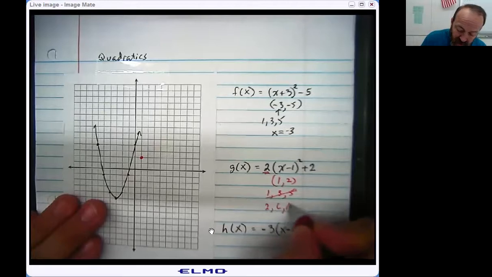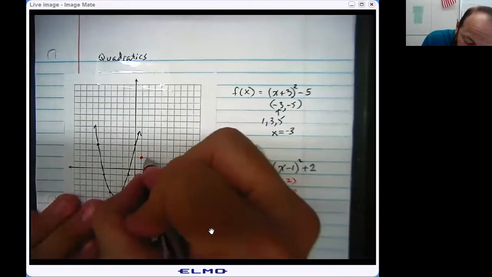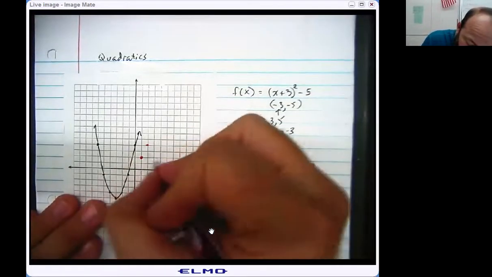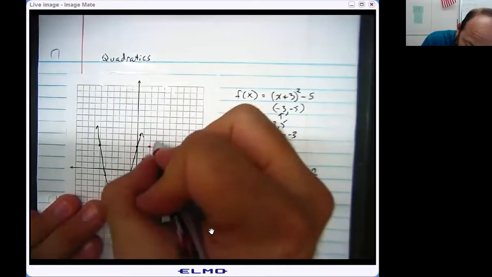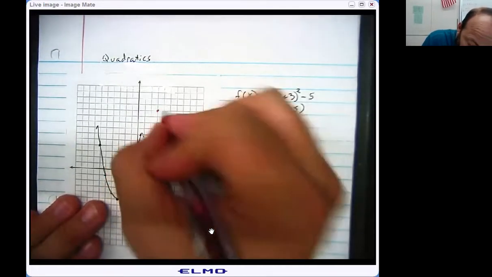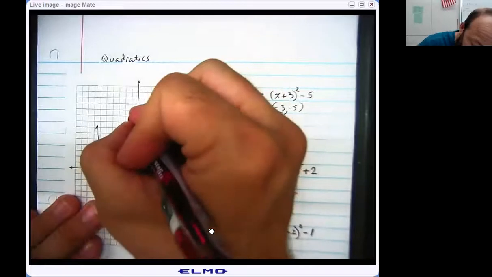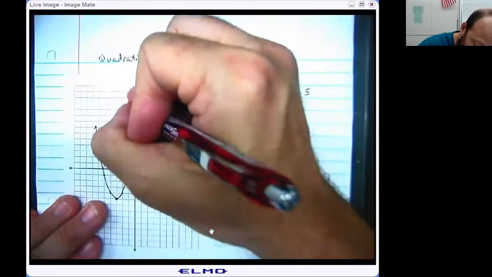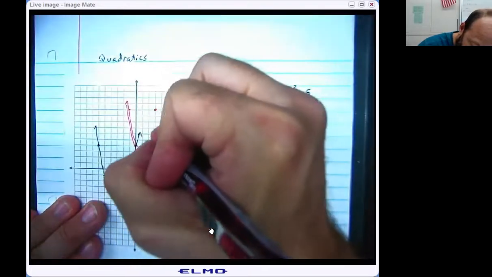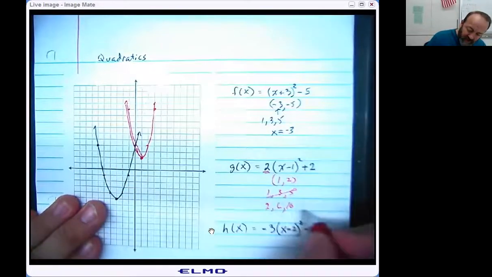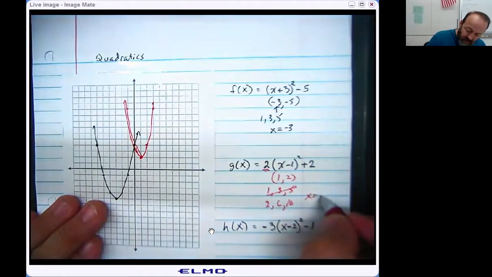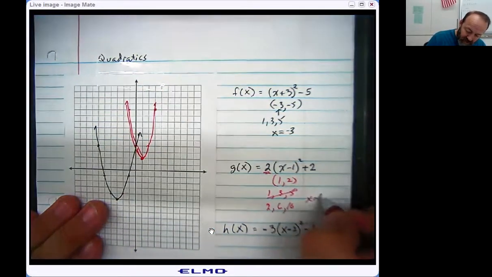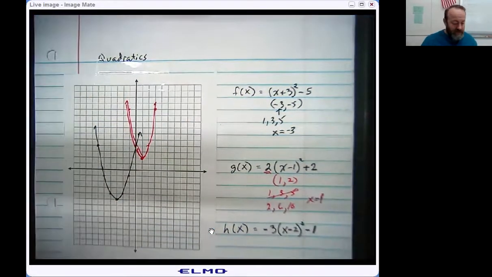So using my 2, 6, 10 pattern, over 1 up 2, over 1 up 6, and so on. That's going to be like that. Oops, missed that value a little bit. Again, I have a nice little vertex of (1, 2), so x equals 1 becomes my axis of symmetry.